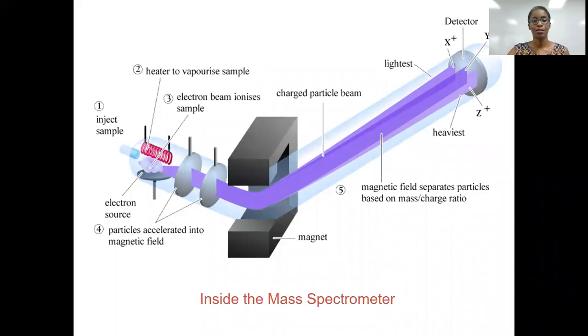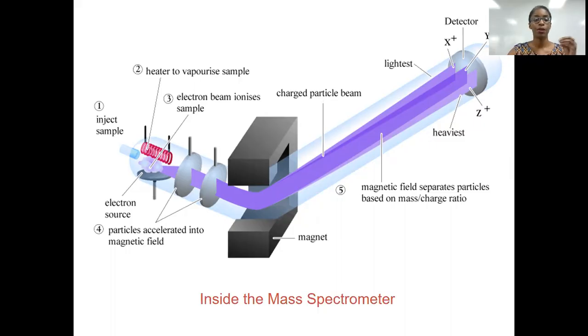A closer look inside your mass spectrometer shows you this. We have the left side, where the sample gets injected, and then we have a vaporization process, because we're well aware that it is easier to remove electrons from things in the gas phase. If you look back at your enthalpy of atomization, it is always with the gas phase substance.